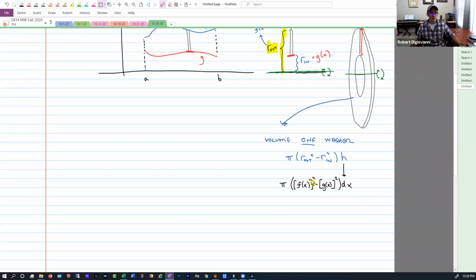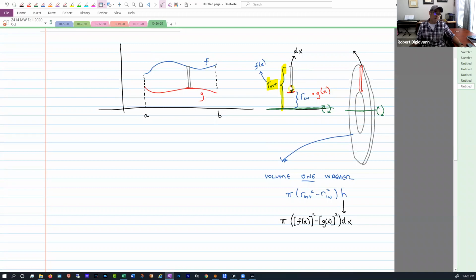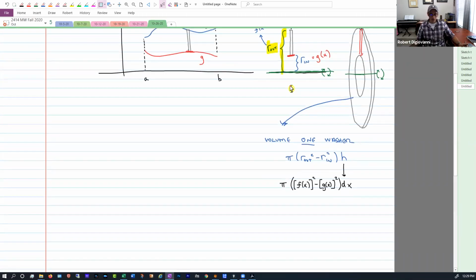Do y'all see this? This is me just applying the generic washer volume formula to a picture that we've created based on one sliver of our little function, our little region, I should say. So that's the volume of one of them.